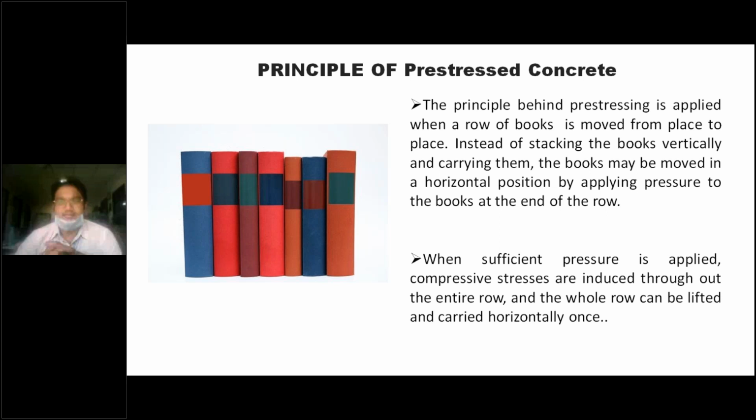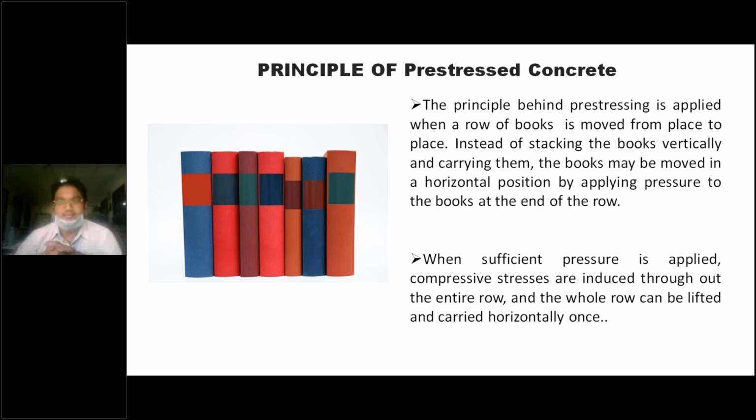So let's try to apply pressure on either side of the book stack, on the left hand side and right hand side. When sufficient pressure, nothing but compression stress, is introduced into this book stack, the whole row can be lifted and carried horizontally at once. Without applying the compression force, you can't lift the whole stack at once, right?